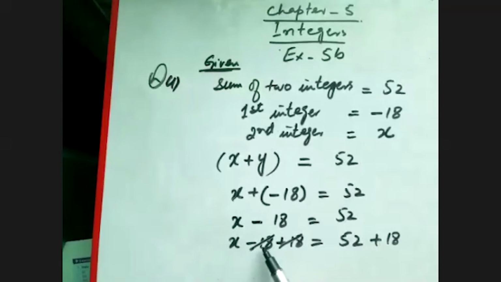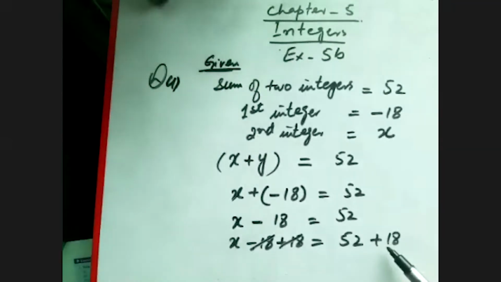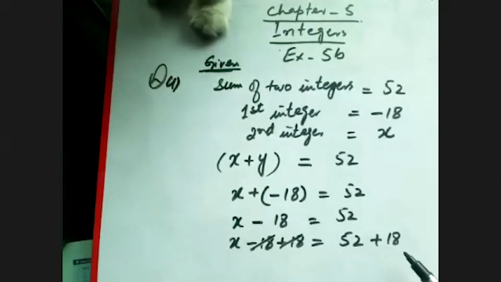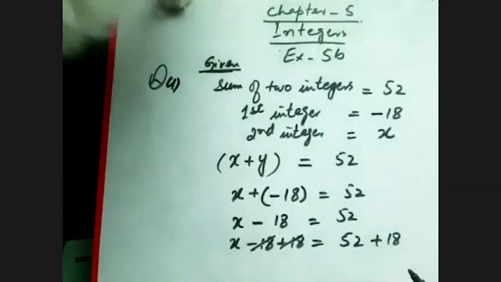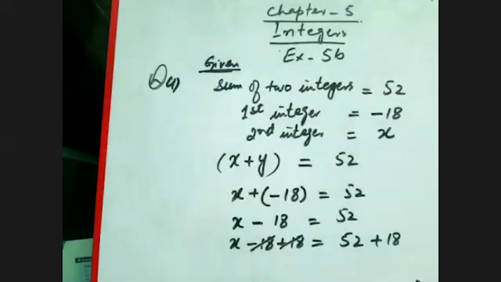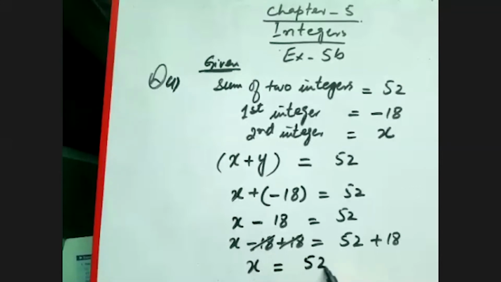When minus 18 is there, towards the right hand side it will become plus 18. x is equal to 52 plus 18.